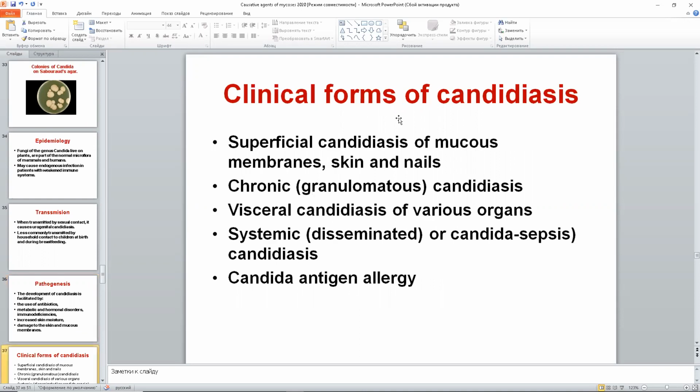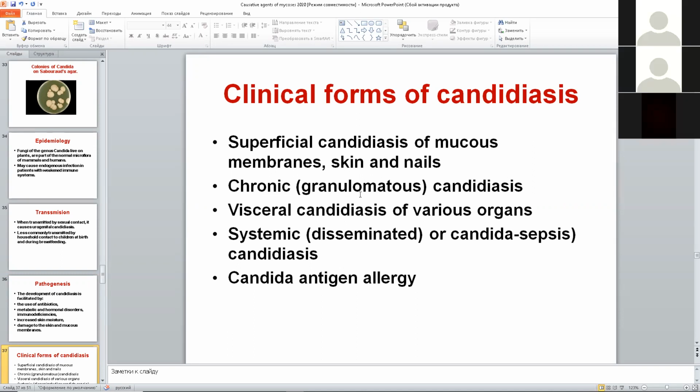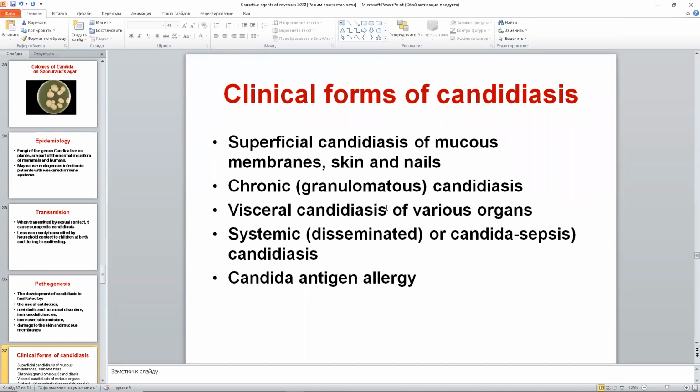Now the modern classification of candidiasis clinical forms. Superficial candidiasis of mucous membranes, skin and nails. Chronic granulomatous candidiasis, then visceral candidiasis of various organs.